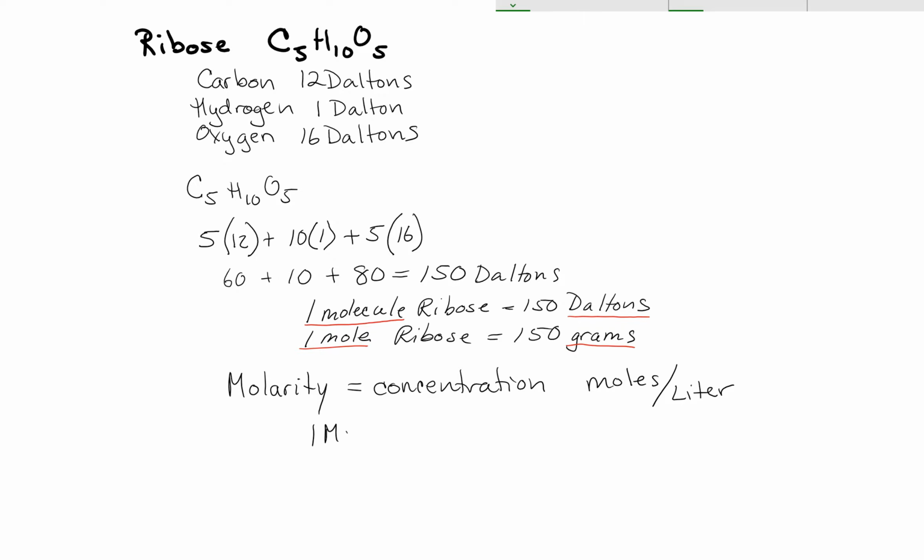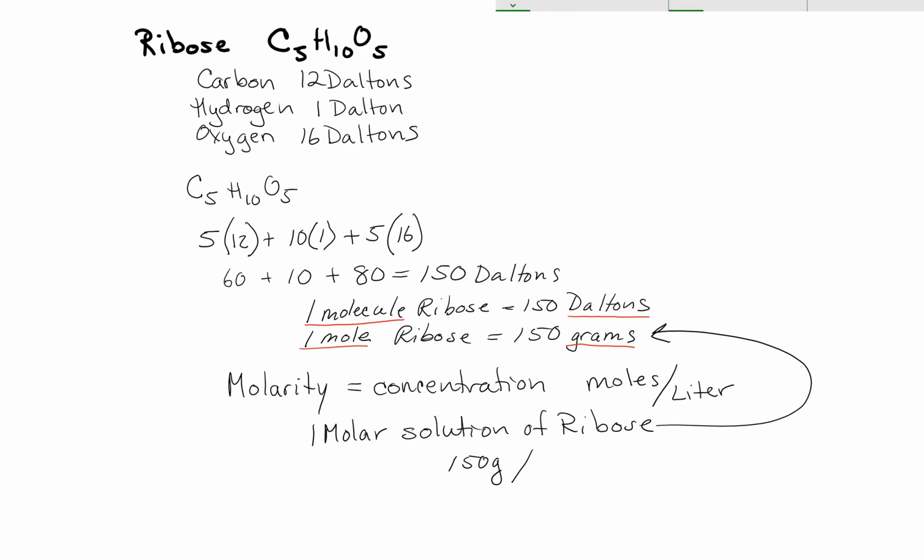So a 1 molar solution of ribose would require measuring out 1 mole of ribose, which is 150 grams, and dissolving that in 1 liter of water, for example.